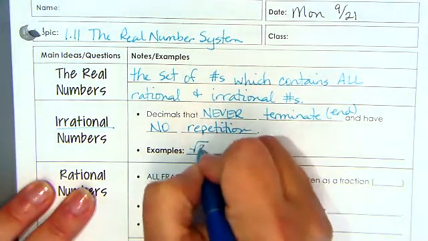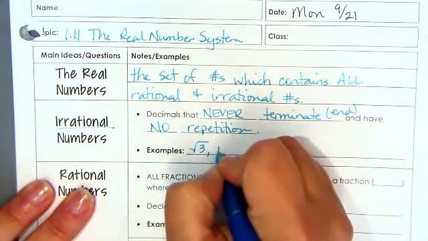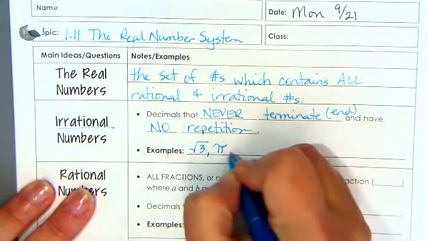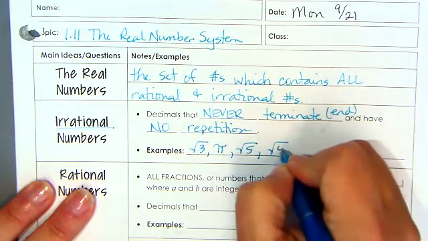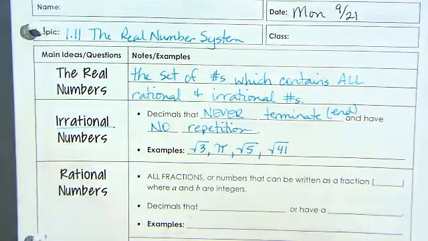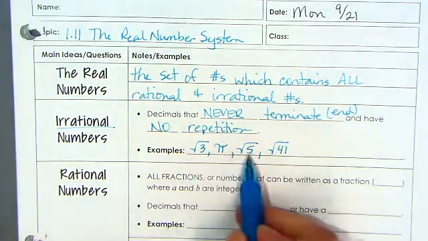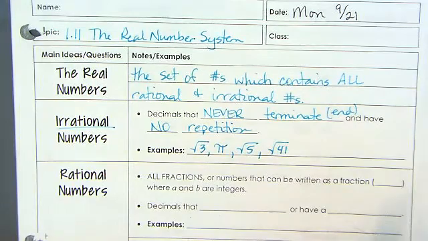Examples are the square root of 3, pi, the square root of 5, the square root of 41. If I punch these into the calculator, all of these square roots would end up with long decimals that never repeat and never end. The calculator may stop, but it's because the calculator program only goes out to so many decimal places.